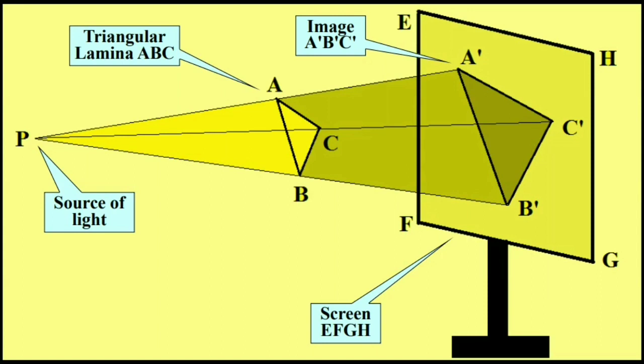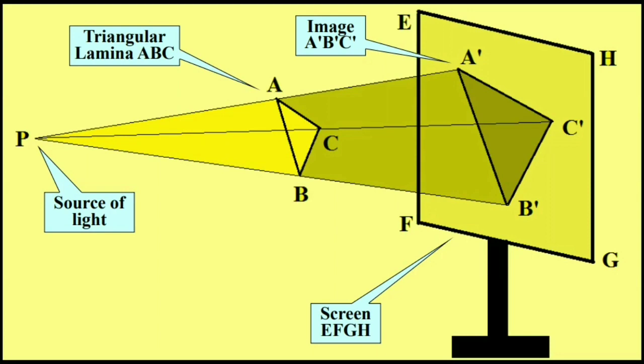A point source of light emerges out from the point P. It travels and faces a triangular lamina ABC on its way, and hence its shadow A dash B dash C dash is obtained on the screen EFGH.